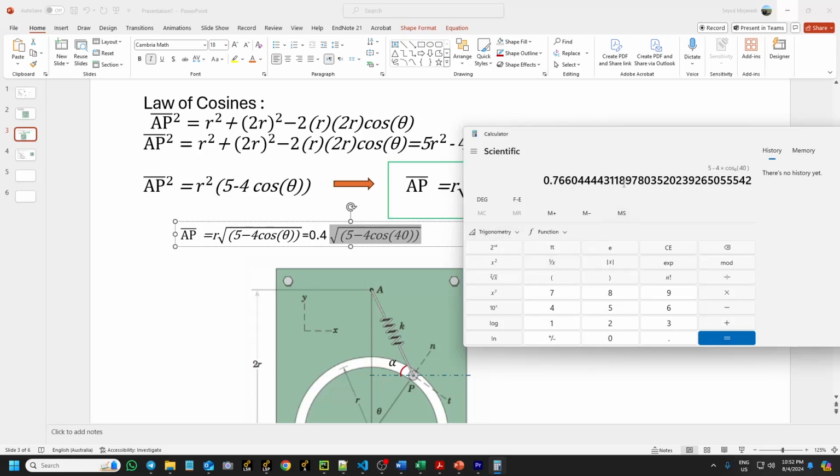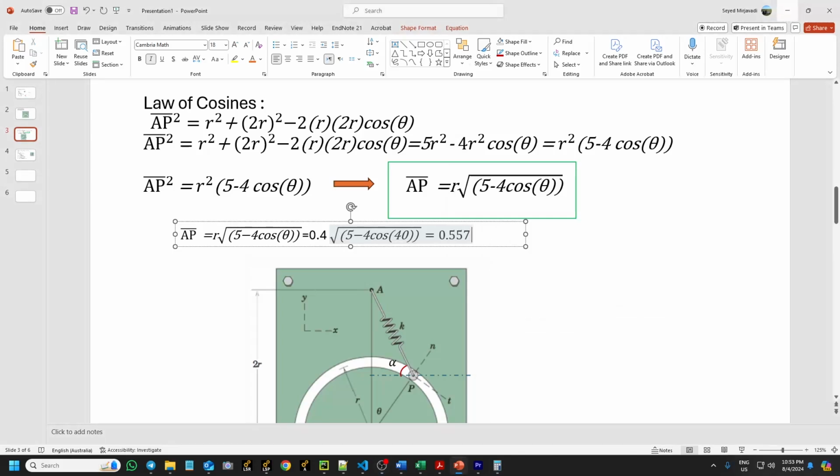Then you will equal, so 5 minus 4 cosine 40 will be this, and then you will take the square root, which is this, and times 0.4, which is 0.557, not 6, because this is 5. And you need to put the unit, which is meter, because everything is in SI units.